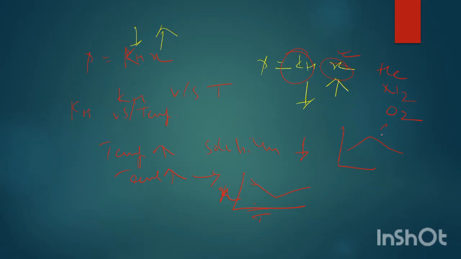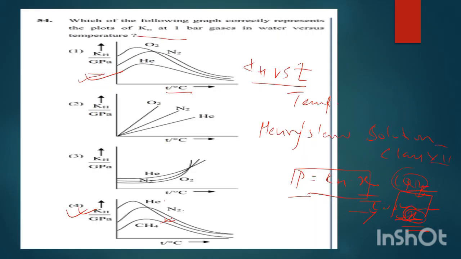Helium is a noble gas. Solubility of a noble gas must be least, and since solubility of a noble gas is least, its KH must be highest. So let's see the option in which helium is highest. Helium is highest in option 4. So the correct answer is 4.